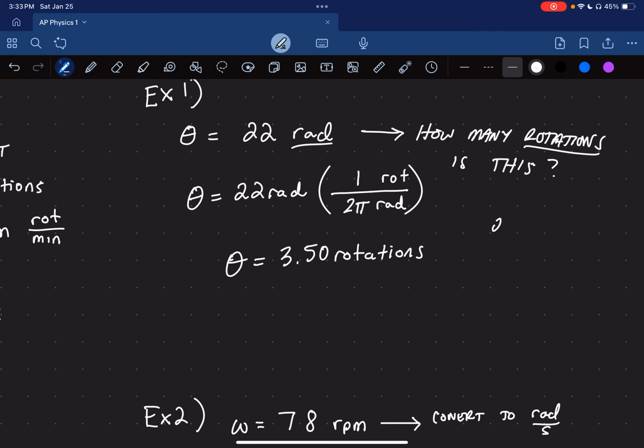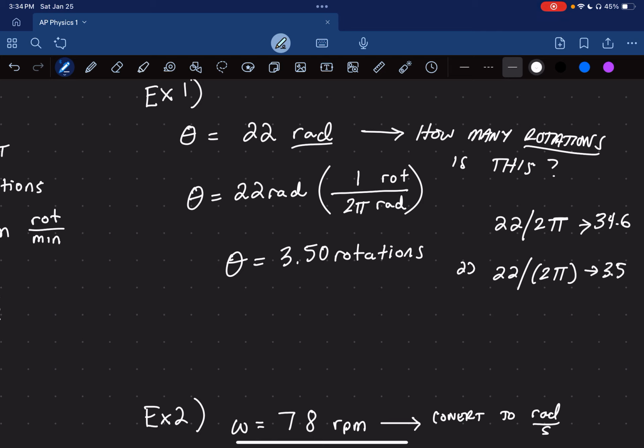And so if you got the other answer, well, here's what's happening. You type this in the calculator, 22 over 2 pi, and it will give you 34.6. Or if you do 22 over, in parentheses, 2 pi, close parentheses, then that will give you the correct answer, which is 3.5.